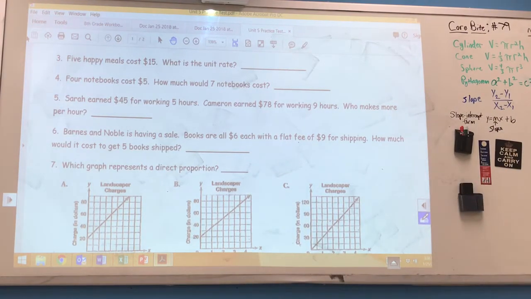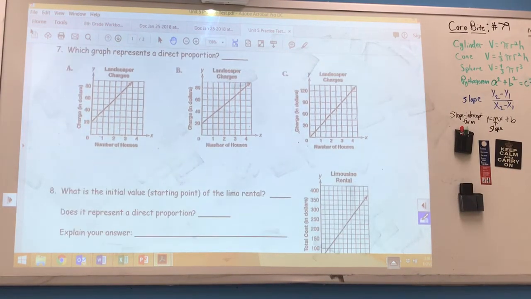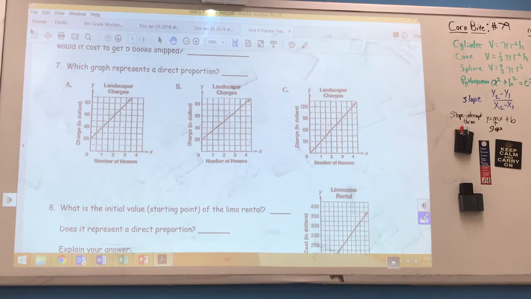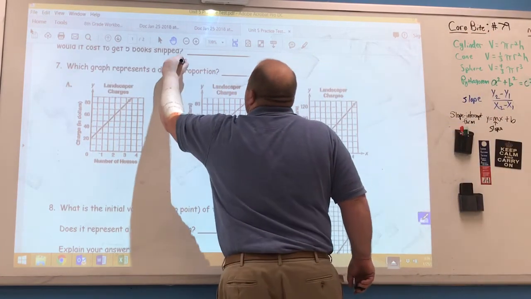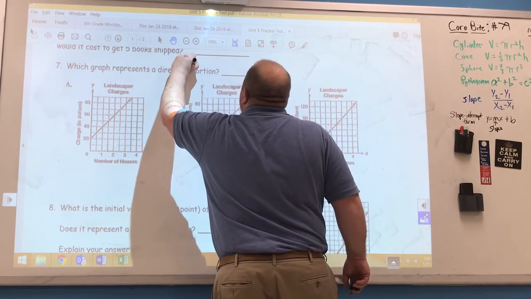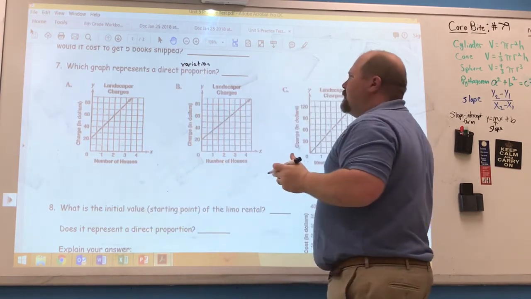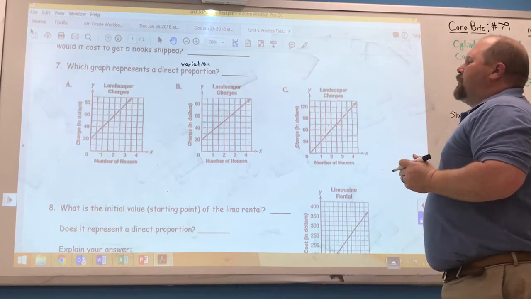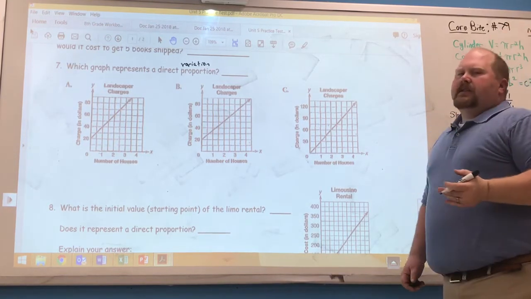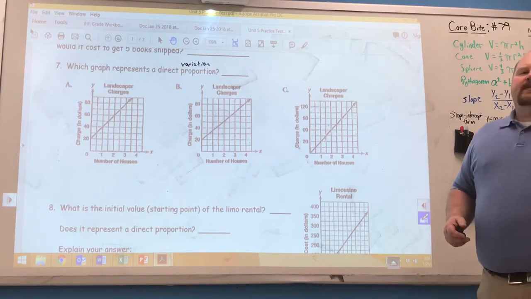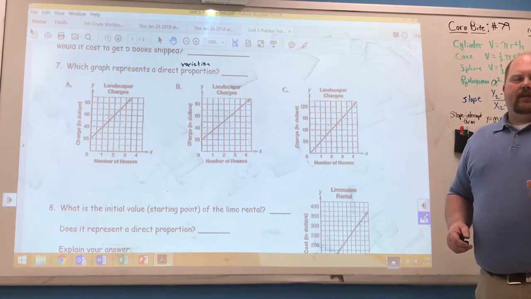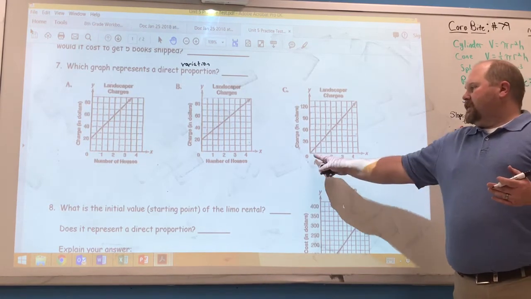Number 7, which graph represents a direct proportion? And remember, in some books, this is going to be called a direct variation. Direct proportion or direct variation, depending on the book you're reading from. So a direct proportion says that the function must start at or go through the origin. So it must start at or go through the 0 point.